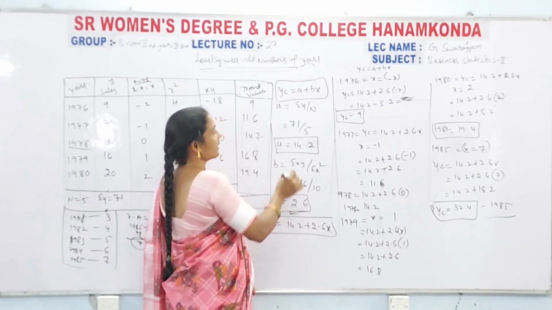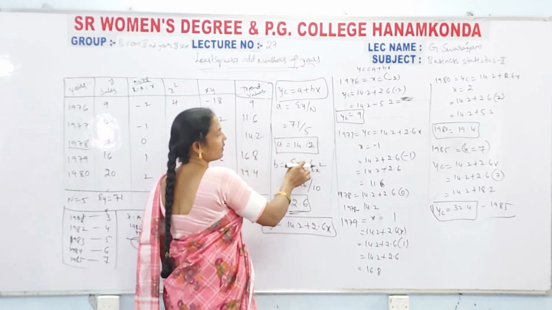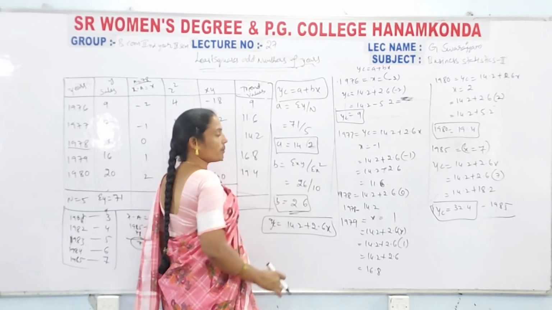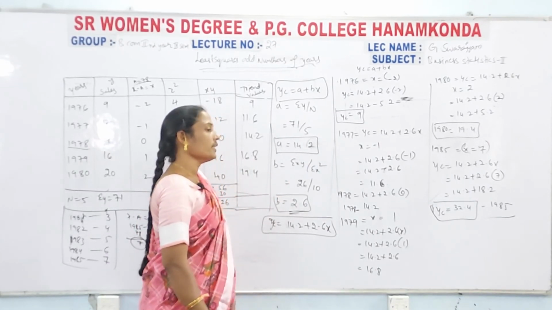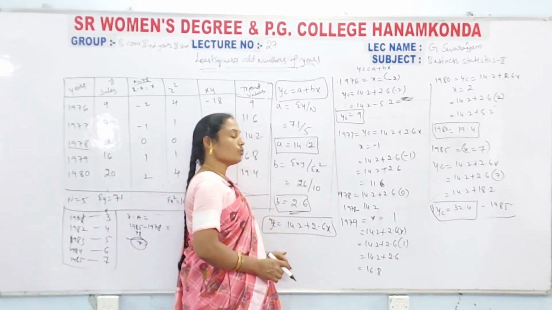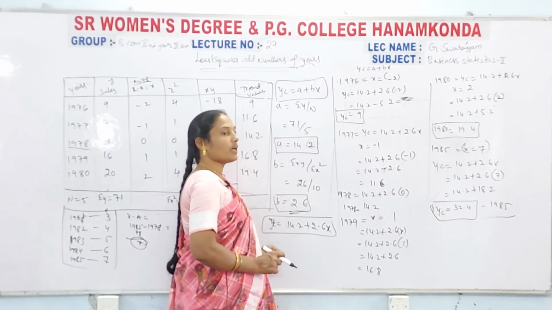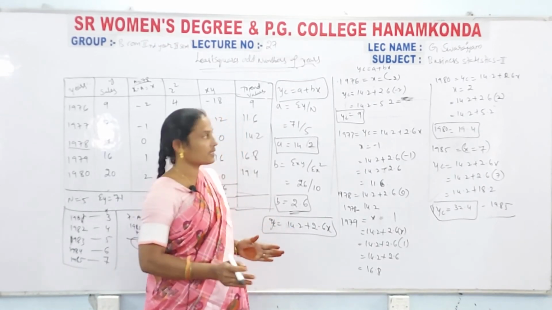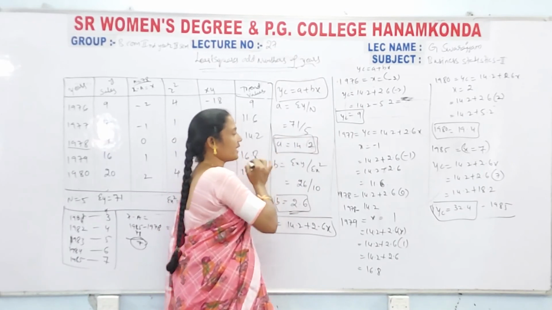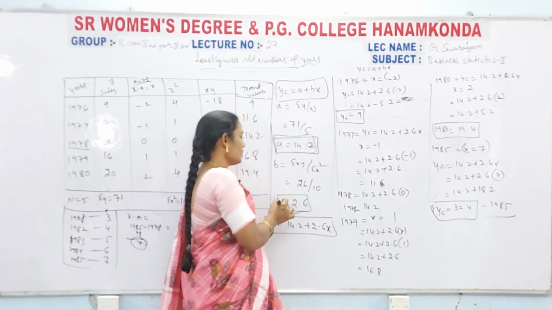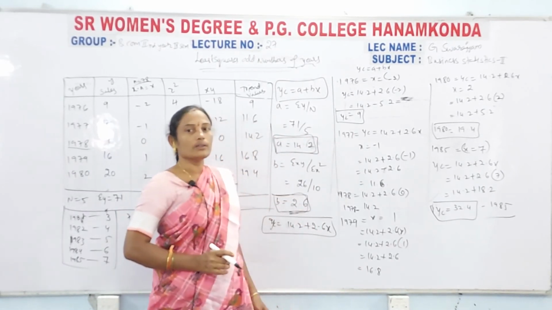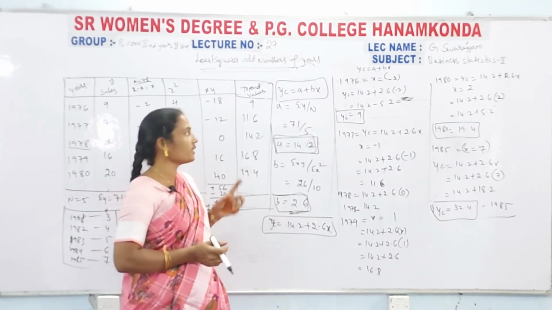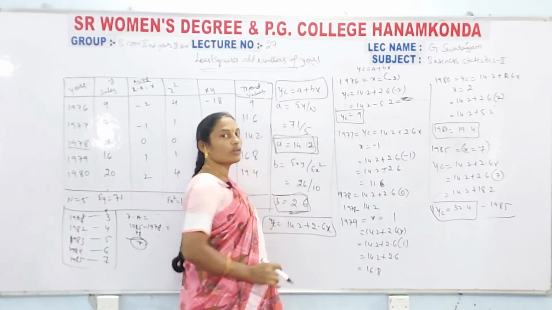You have to calculate the A value as sigma x by n, and the B value as sigma xy by sigma x square. The next step is that the two values are substituted in this formula, YC is equal to A plus BX. Already we have calculated the A value, and next we have to calculate the B value. Both values are substituted in this formula, YC is equal to A plus BX.